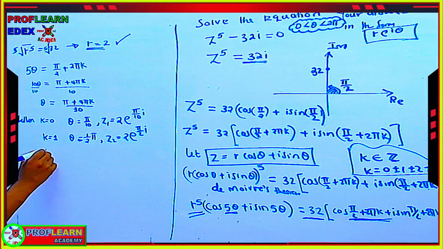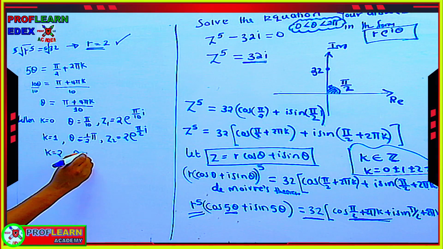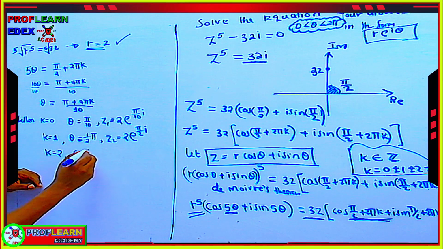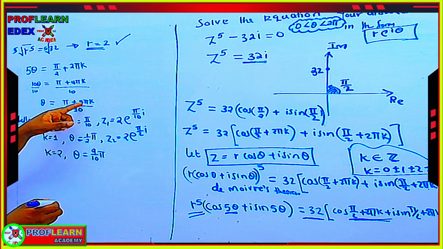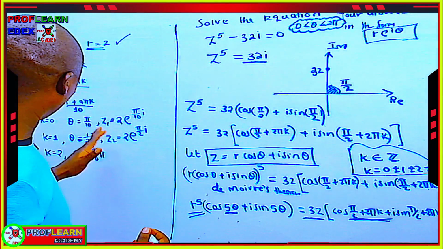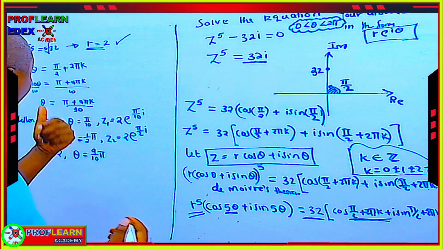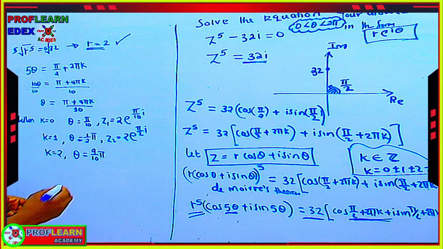We're also going to take k equals 2. So if k is 2, it means our theta is going to be what? We are going to say 4 pi times 2, that will give us 8 pi, plus pi, it becomes 9 pi over 10.